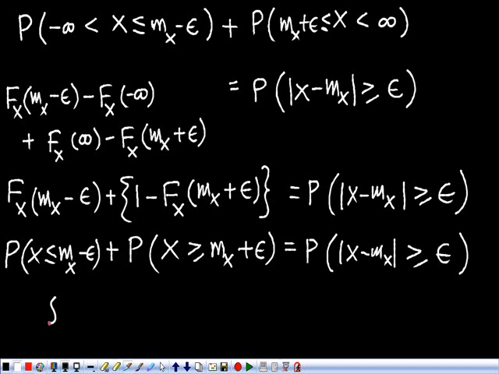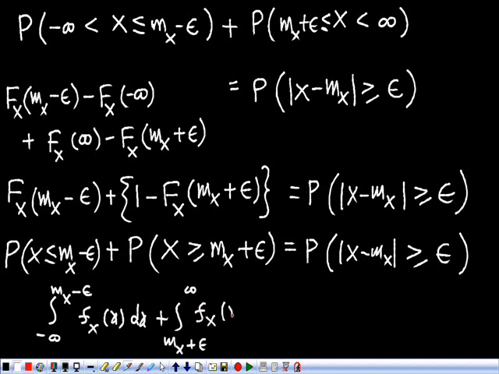Can I write this as the integral from minus infinity to mx minus epsilon of fx of x dx, plus this one, mx plus epsilon to infinity of fx of x dx. Understood? So this is equivalent to this.